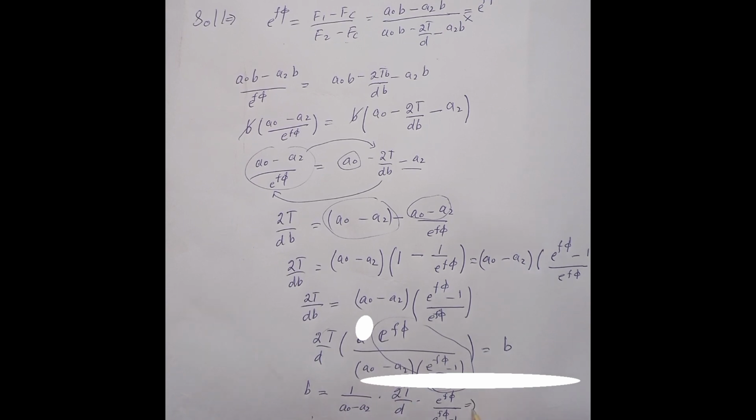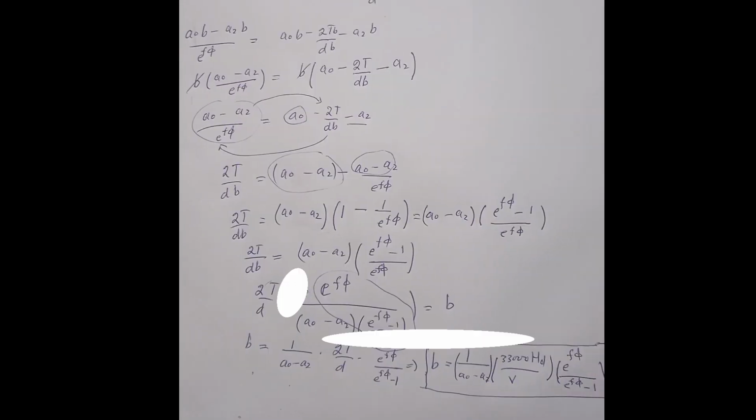So b is going to be equal to 1 over a naught minus a2 into 33,000 H d by V into e to the power f phi divided by e to the power f phi minus 1. So this is the proof. We have proved that b is equal to this, and since it is going to be used in the problems later on, that is why I have proved this formula.